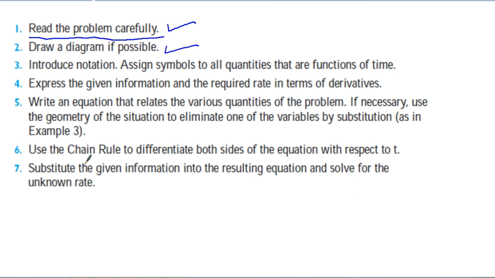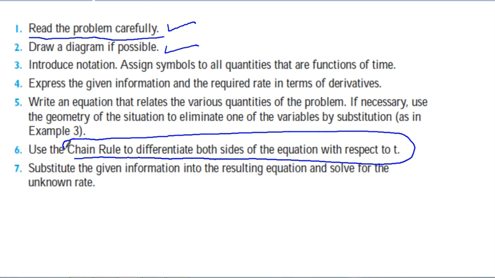Use the chain rule to differentiate both sides of the equation with respect to t. In this type of problem we mostly differentiate with respect to t unless asked otherwise. Substitute the given information into the resulting equation and solve for the unknown rate.